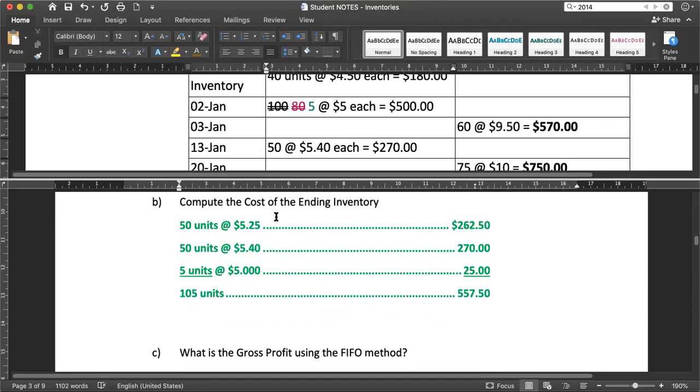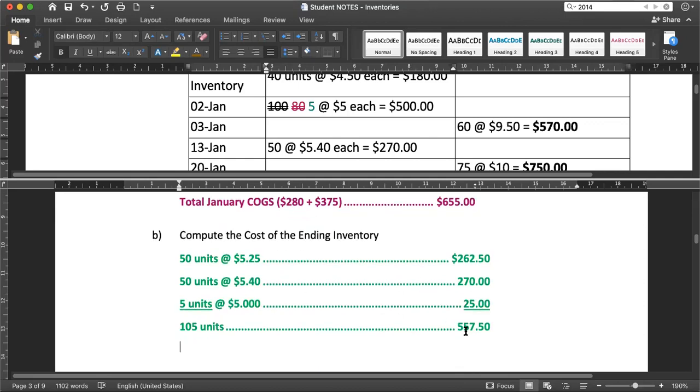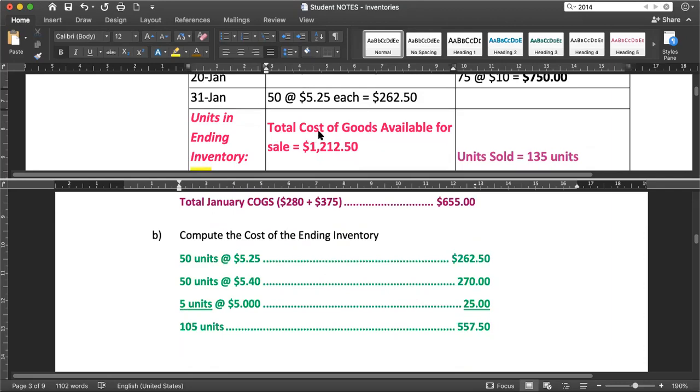And by double checking, what I mean is that the cost of goods sold plus the cost of the ending inventory needs to be equal to the cost of goods available for sale. So our check is going to be $655, which is the cost of goods sold, plus $557.50, and that will equal to $1,212.50.